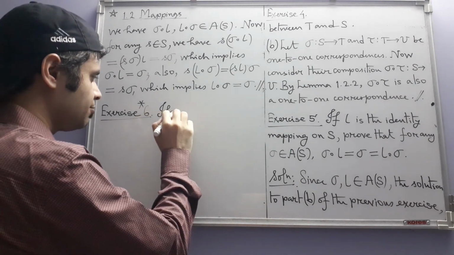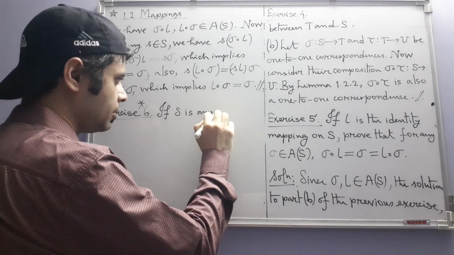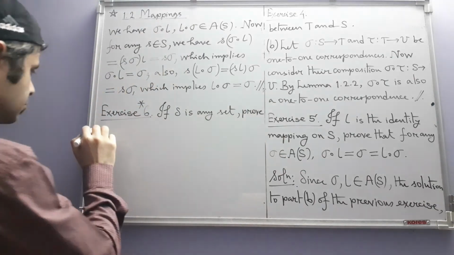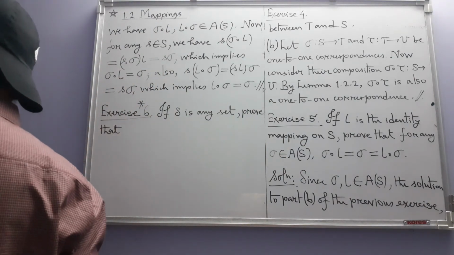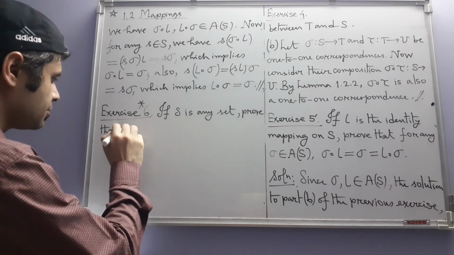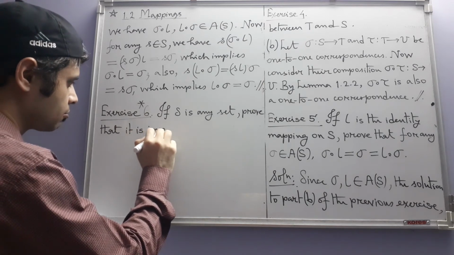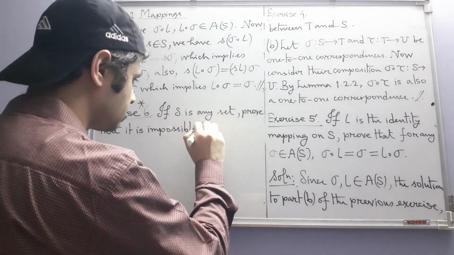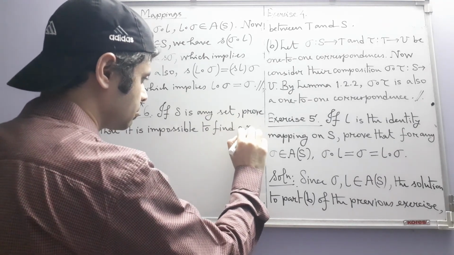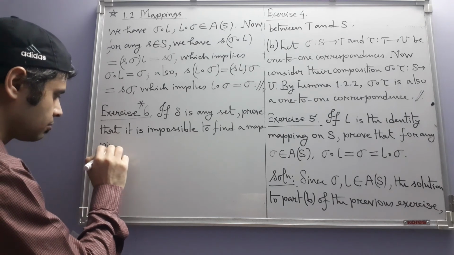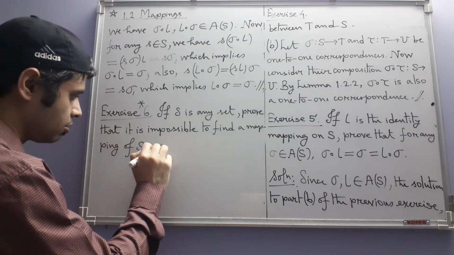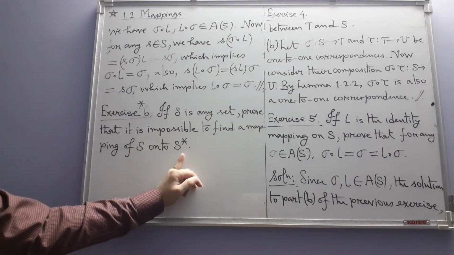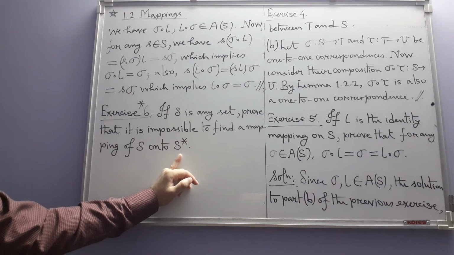If S is any set, prove that it is impossible to find a mapping of S onto S star, where S star, if you remember, is the power set of S. It is the set of all subsets of S.